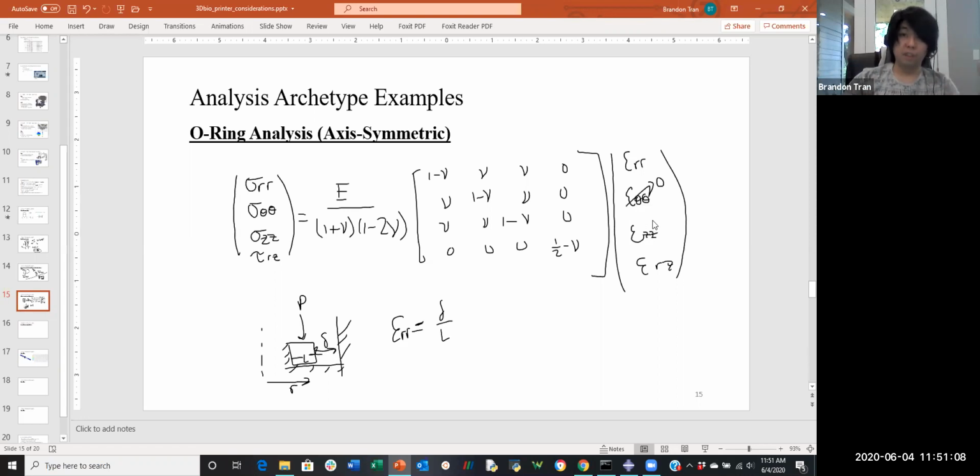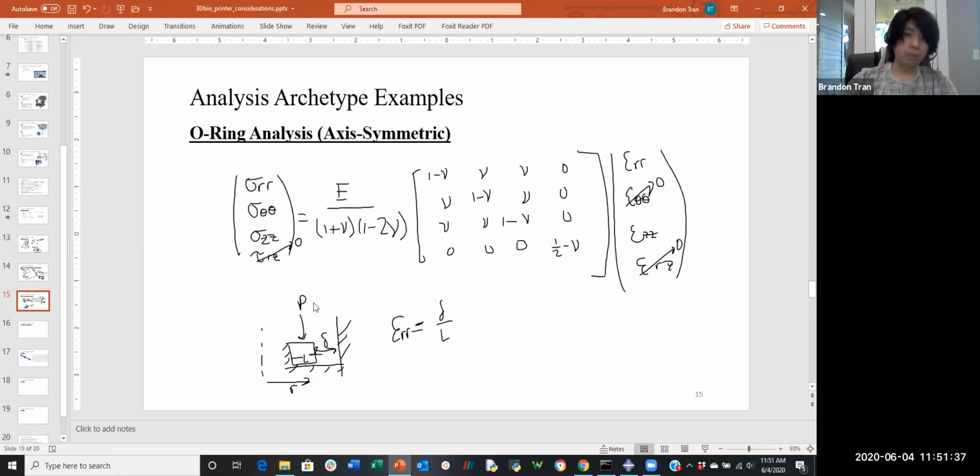Again, if your boss doesn't want you to make that assumption, then you basically go back and fix it and use compatibility equations along with this, but I'm going to assume this for now until given notice that it's not allowed. Obviously, we're moving down, so epsilon ZZ exists, and I'm going to assume that in the polar coordinates there is no change in angle, so I'm also going to assume epsilon RZ is 0. Epsilon RZ is gone, so basically, if you look at this equation, it affects tau RZ and makes that 0 right there.